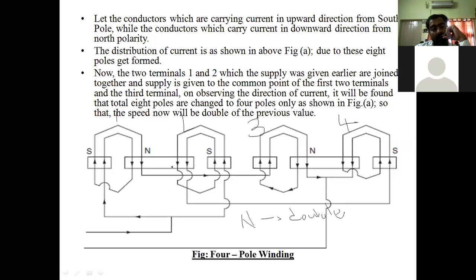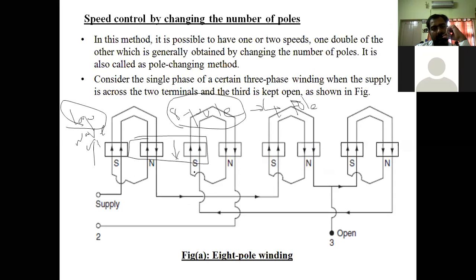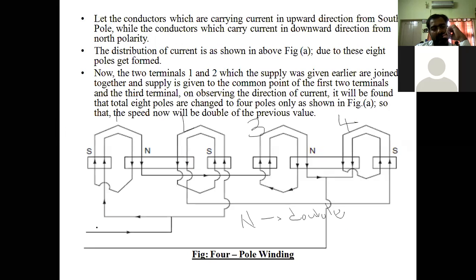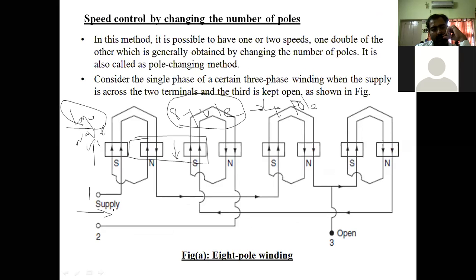Another change we made compared to the 8 pole system is that the first terminal and second terminal are made into one terminal, and the third terminal is connected separately. In the 8 pole system, the first and second terminals were connected to the main supply and the third was kept open.